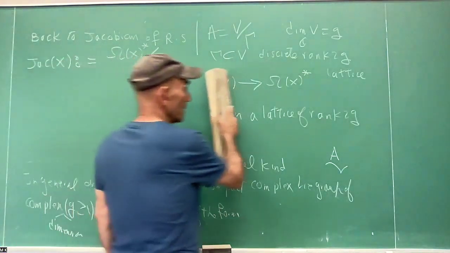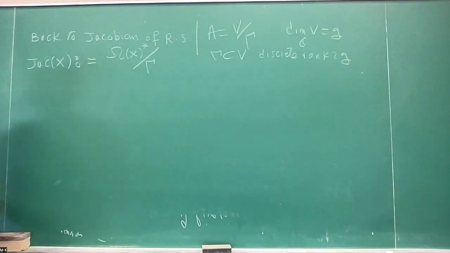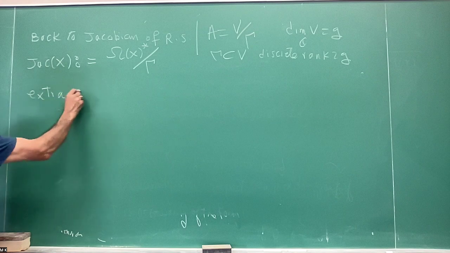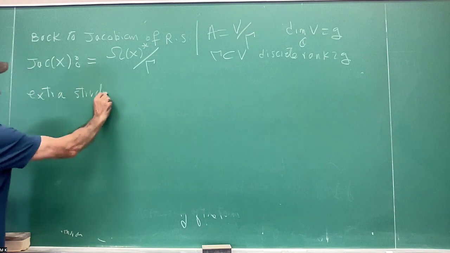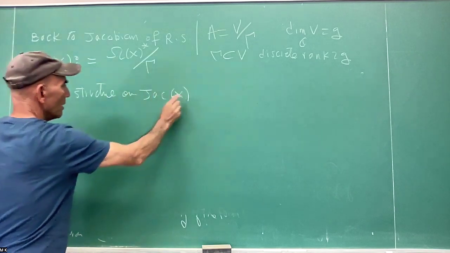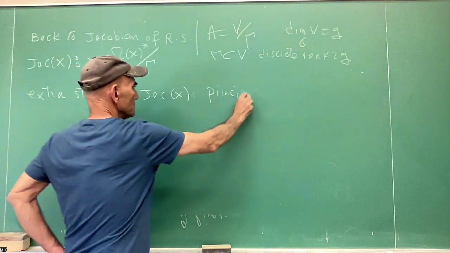There is an extra structure on the Jacobian of X, which is called a principal polarization.